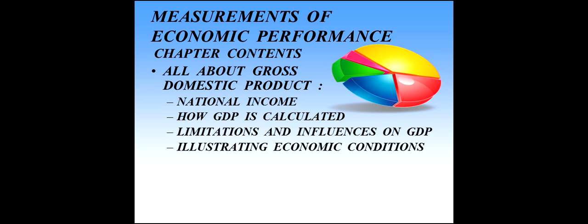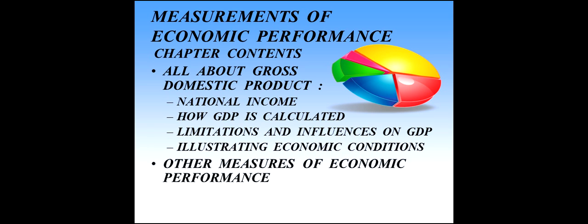We'll look at how we go about illustrating different types of economic conditions based upon this measurement. And we'll also touch on some other measures of economic performance and wrap up this chapter by talking about factors that promote growth within an economy.